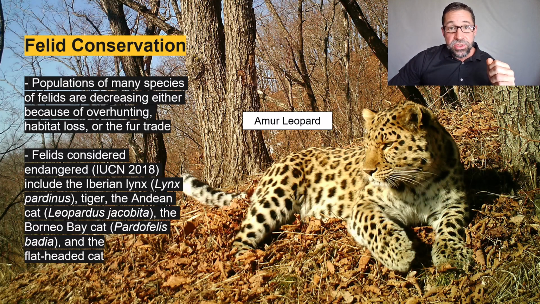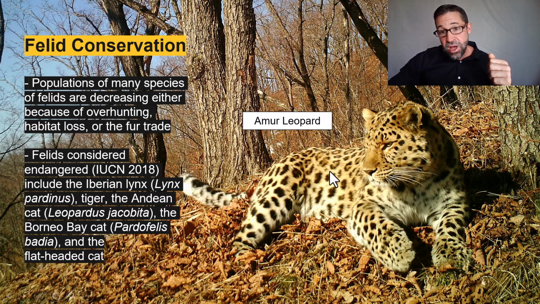Unfortunately, populations of felids are decreasing either because of overhunting, habitat loss, or the fur trade. Felids classified as endangered by the International Union for the Conservation of Nature, the IUCN, include the Iberian lynx, the tigers. There are multiple subspecies of tiger, the Andean cat, the Borneo bay cat, and the flat-headed cat.